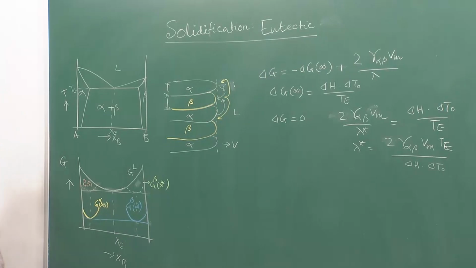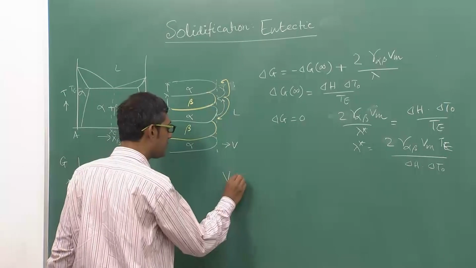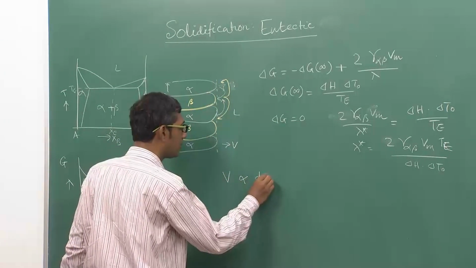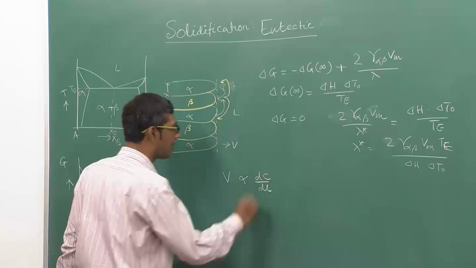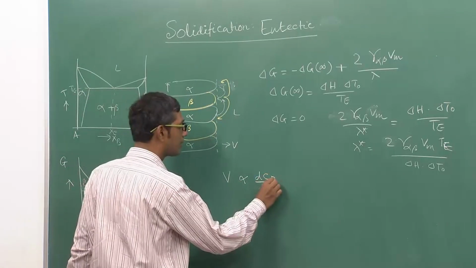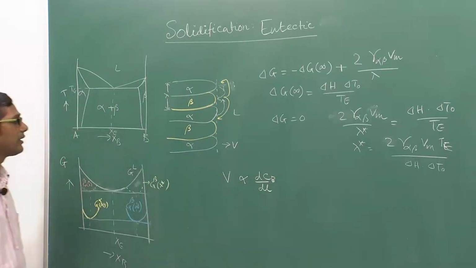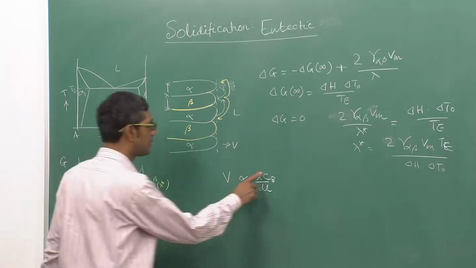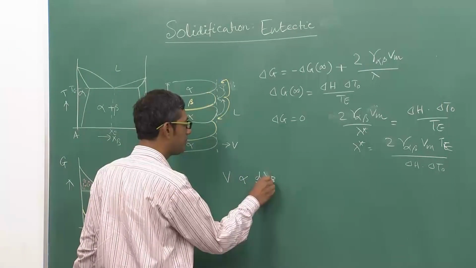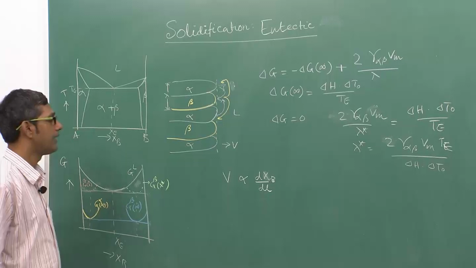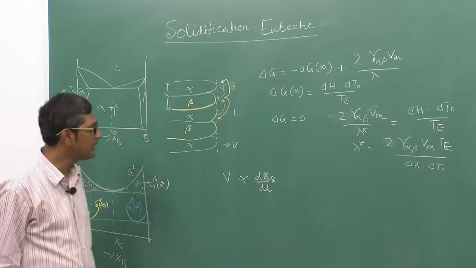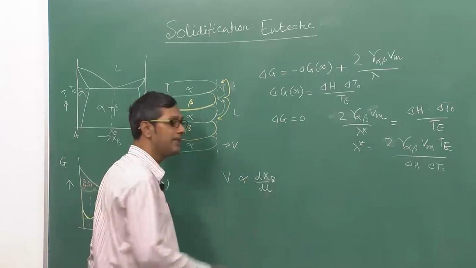So if I do a little bit of calculation, as you see, this V is basically proportional to dC by dl, or rather dxB by dl, where xB is the mole fraction of B and dl is the distance.